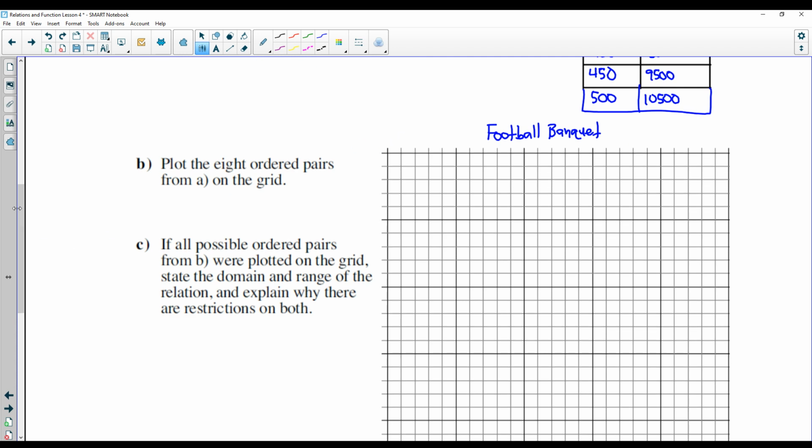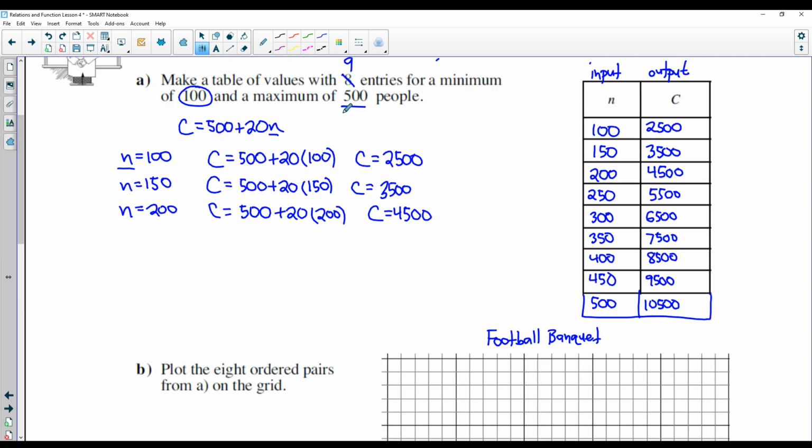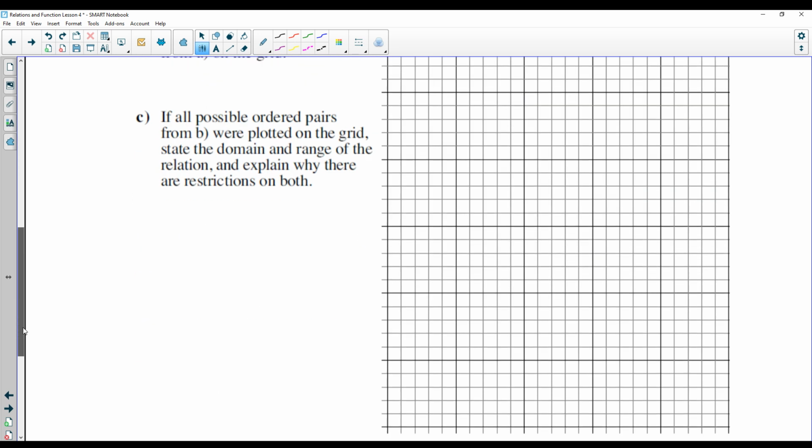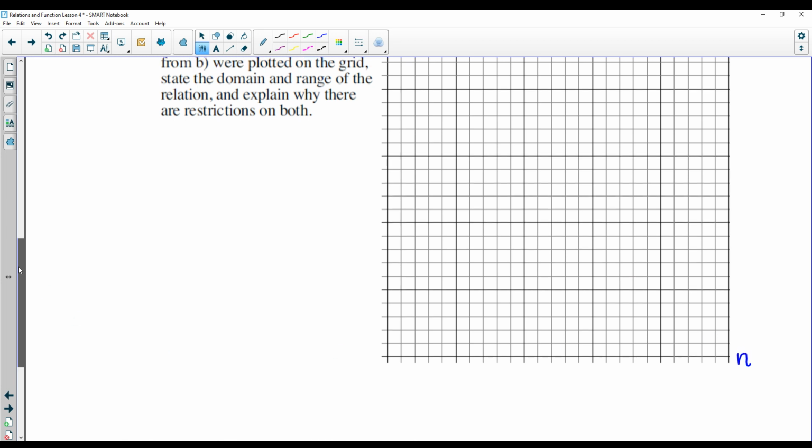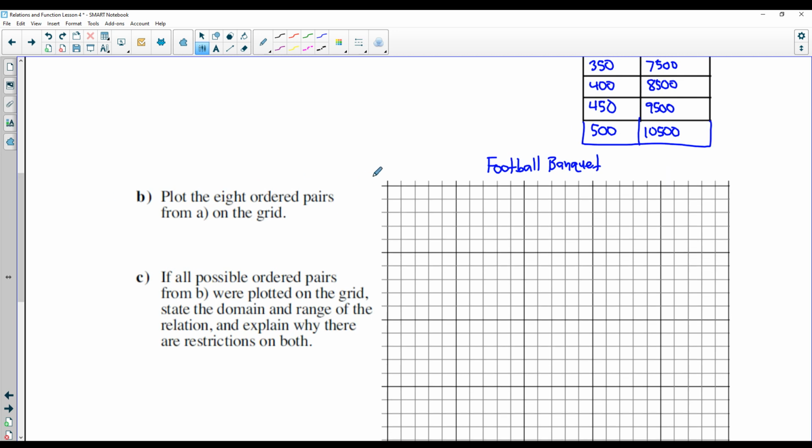So we go back up to our table. Whenever we do a table, we always have our manipulated variable first and our responding variable second. Therefore, we're going to use n as the x-axis, and we're going to use capital C as the y-axis.